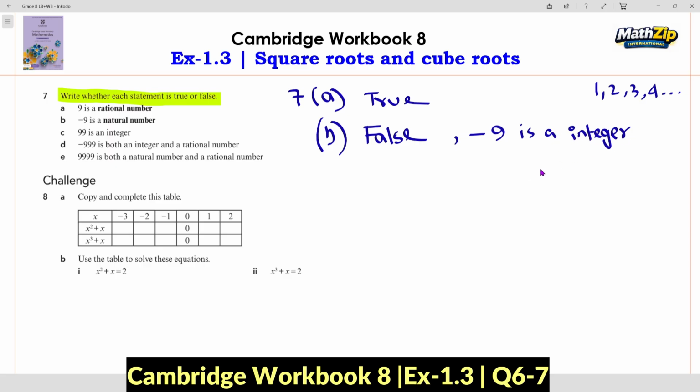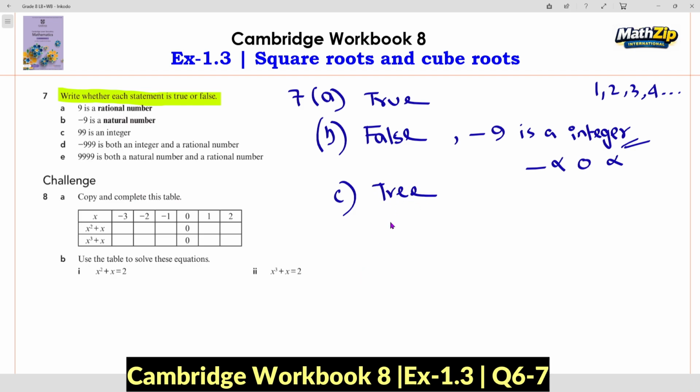It means it includes minus infinity, 0, plus infinity, all real numbers with no fraction. So minus 9 is an integer, not a natural number. Number C, 99 is an integer. Yes, it's true.